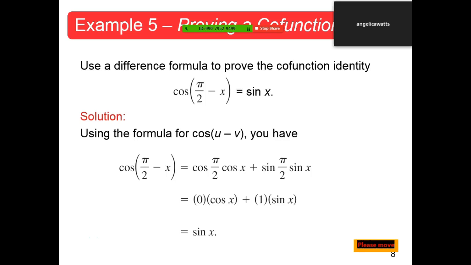Homework exercises here would be any of the odds, either 7 or 9. They're both at Calc Chat. They have 2 parts each. Any of the odds 11 through 25. They're all at Calc Chat. 21's at Calc View. Any of the odds 27 through 33.